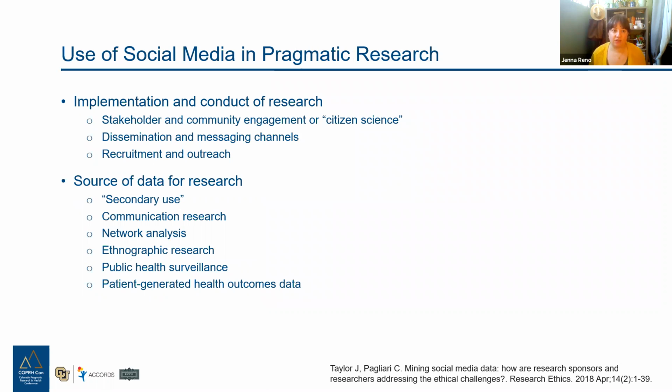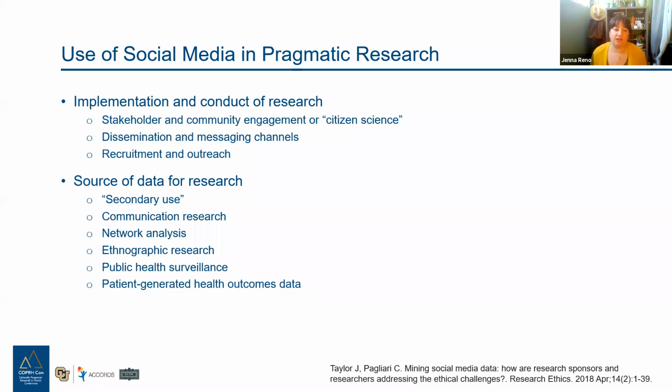There are different uses of social media that we can employ for pragmatic research, including the implementation and conduct of research. We could think of social media as a way to connect with stakeholders or to do different types of community engagement.